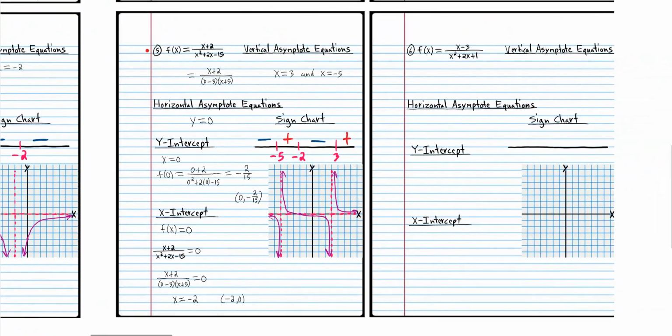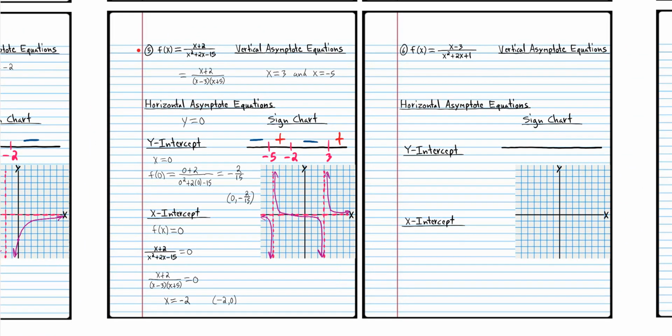So there was an example where we had an x-intercept. We didn't have an x-intercept in the previous problems. So let's try another one of those.